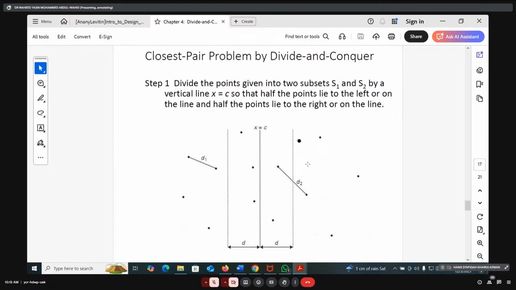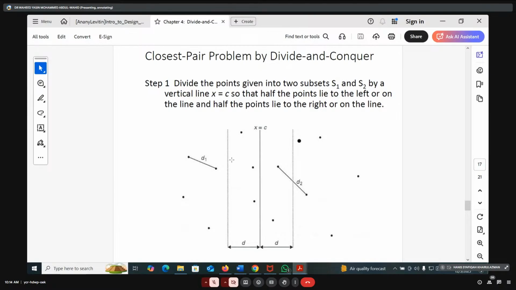Maybe on the right side of this plane. Maybe a point from the left side and a point from the right side, so in the middle here. So one point from the left side and one point from the right side. These are the three possibilities.